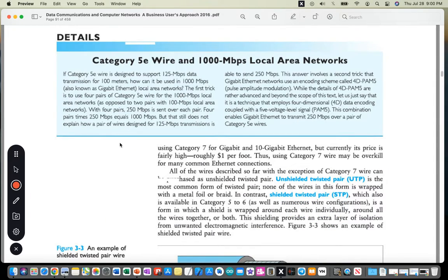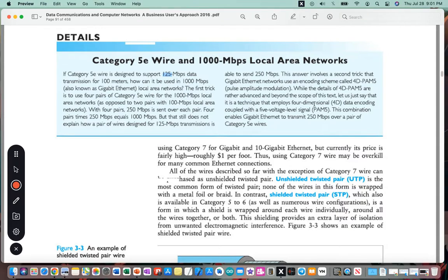And here is a quick tip about why Cat 5 can transmit gigabit, 1,000 megabit per second, while each one can only transmit 125 megabit per second. They use 4 of them. Still, that's 500, not 1,000.